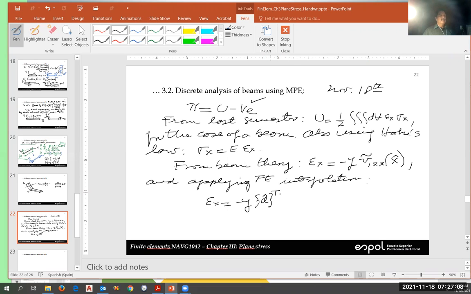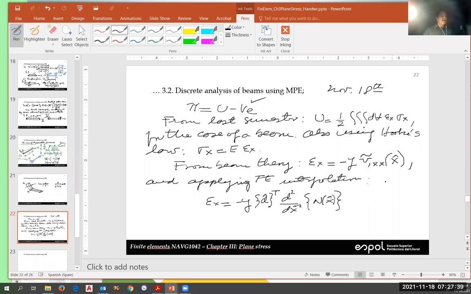This is a vector, I transpose it, so this is a row, and we have to multiply by the second derivative with respect to x of the polynomial that we employed for interpolation. So this is a row, this is a column, the product is a scalar.